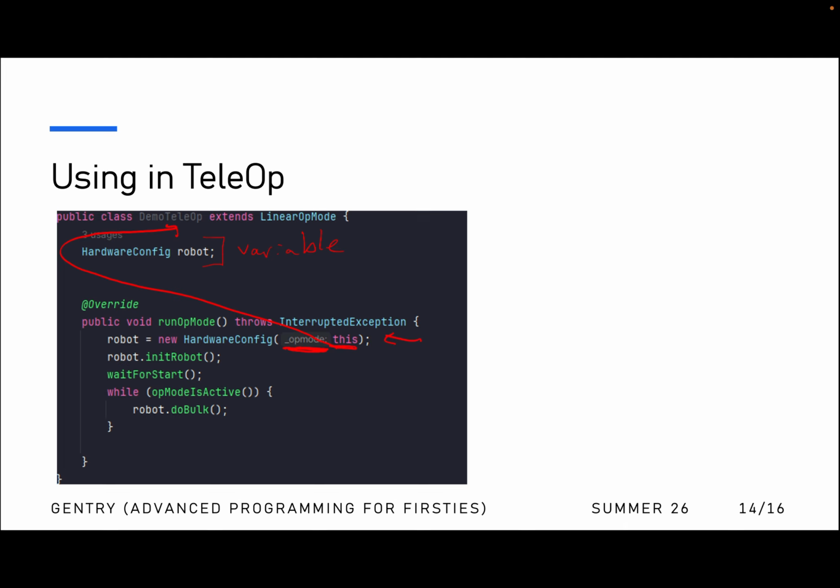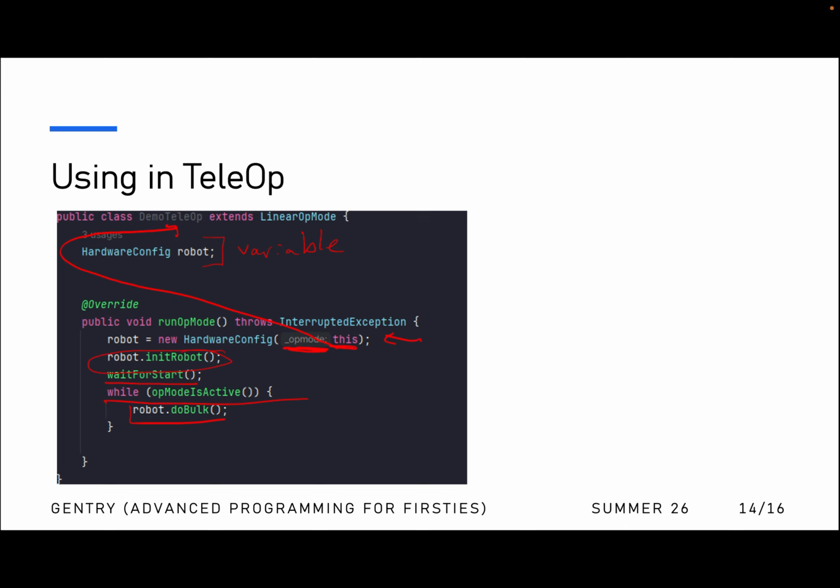It'll be able to use everything. And then all we need to do is we call robot.init. And then our initialization steps are done. It will do everything by itself that we've defined. Super easy. Then we call our wait for start, and while op mode is active, we're just going to do that do bulk method, which is where we've placed all of our other code.